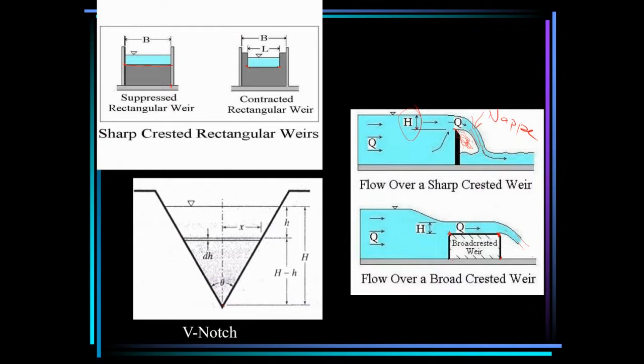Because if the water clings to the weir face, this will not be under atmospheric pressure anymore, and it will unnecessarily increase the flow rate. So we need to ensure that there is air trapped here. The pressure there has to be atmospheric. And in the lab, we are going to see how that can be achieved.